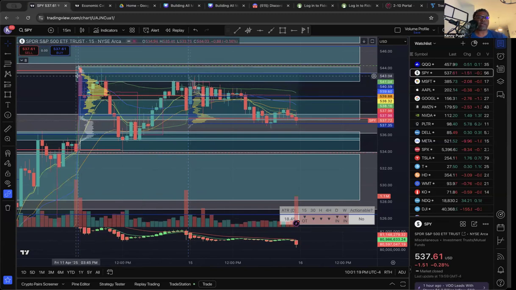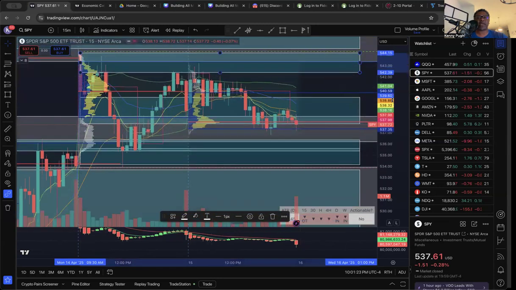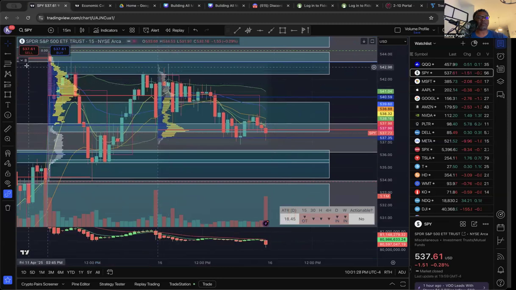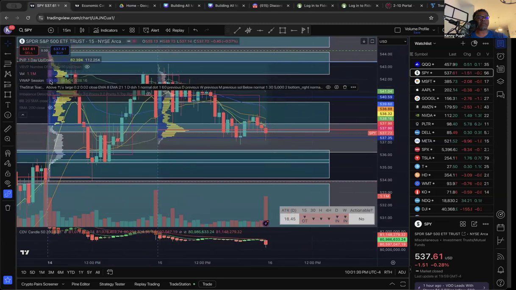So at the beginning of the day, we had these particular levels in place. And you can see based off of this, and let me remove, I have a couple of different things on here just from a confluence perspective. So I'll have the VWAP on there to also corroborate the trades that I'm exploring.